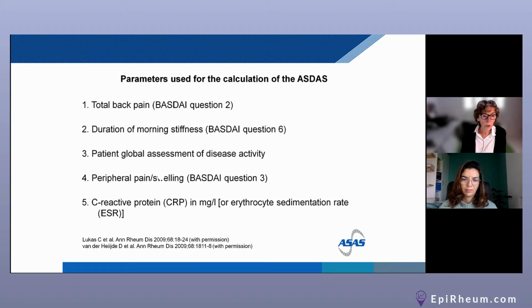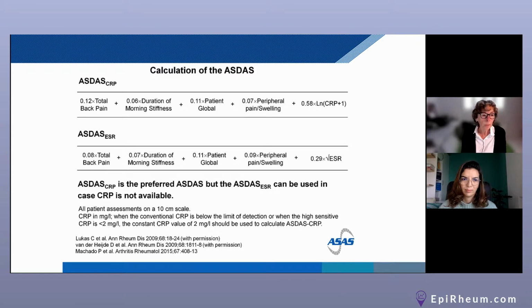And thereafter, we got a formula, and we have two different formulas. One is when using CRP, and the other one when using ESR. So you see that there is a different weighting of the individual components, and this gives you thereafter the total score.